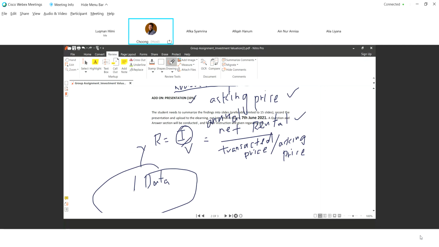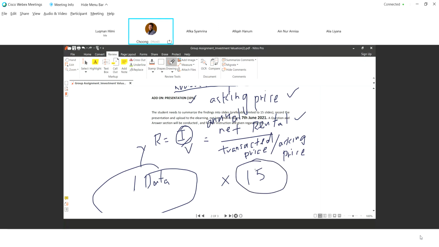The more data that you have, the better the accuracy and consistency of your findings. Let's say you have 20, or at least 15 data. The more you have, you then calculate the mean score.